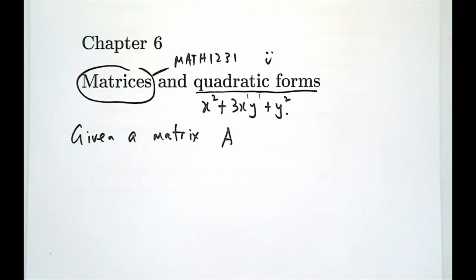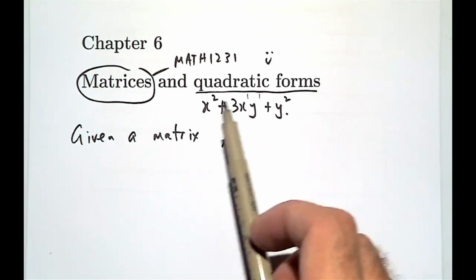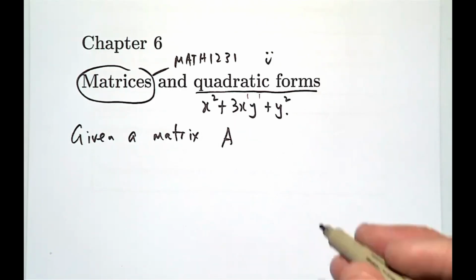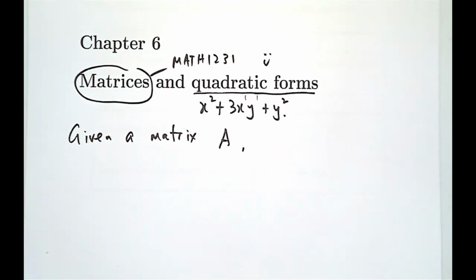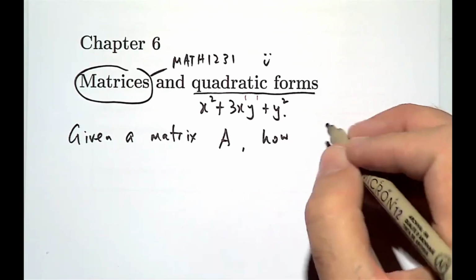Are we bringing back bad memories here? Yeah, you're on the right track. So what we're trying to do is take that and make a nice diagonalized matrix, with just numbers down the main diagonal and zeros everywhere else.